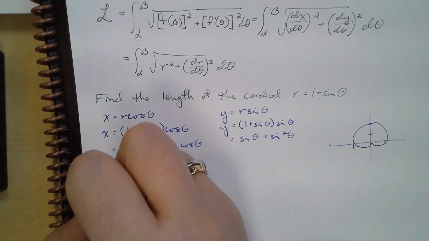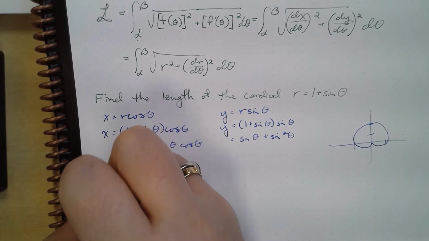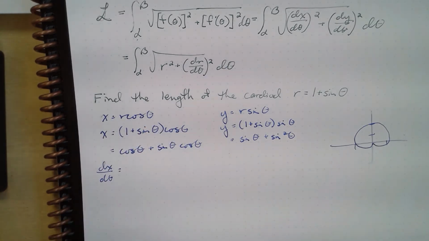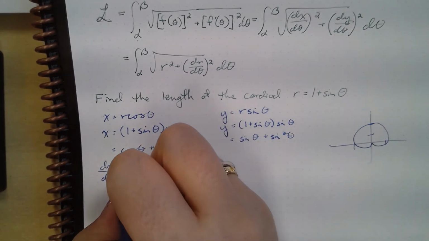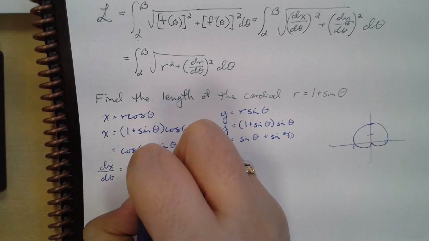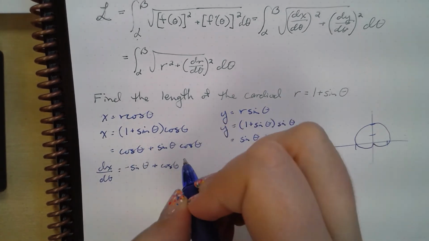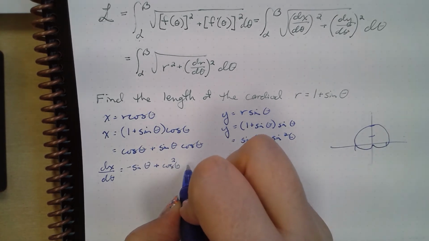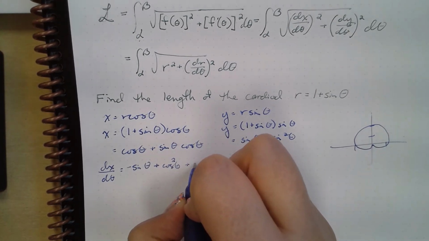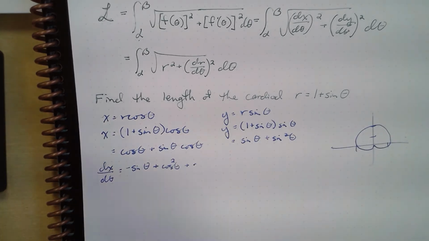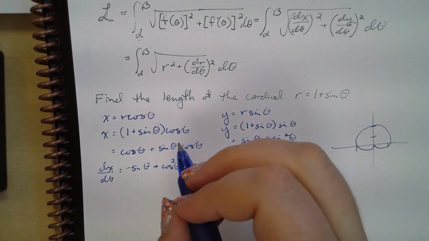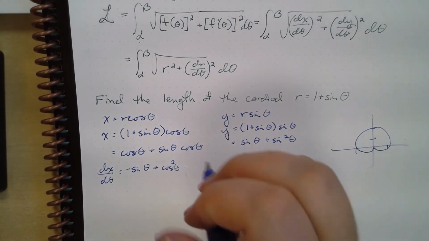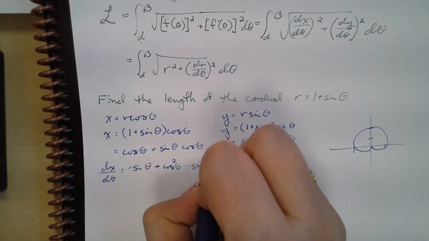All right. So now we can actually find our dx d theta and dy d theta. So dx d theta is going to be equal to negative sine theta plus cosine squared theta minus sine squared theta.